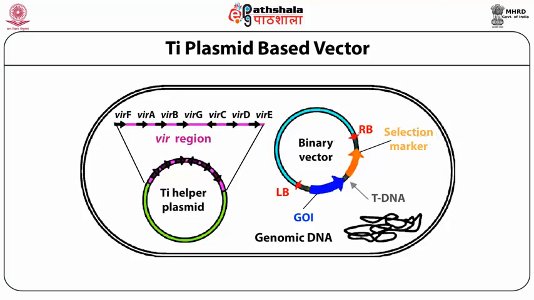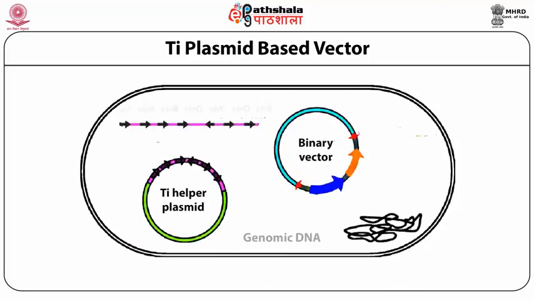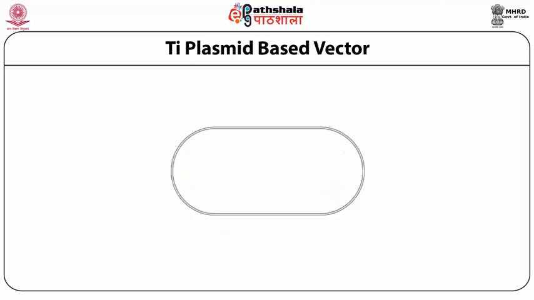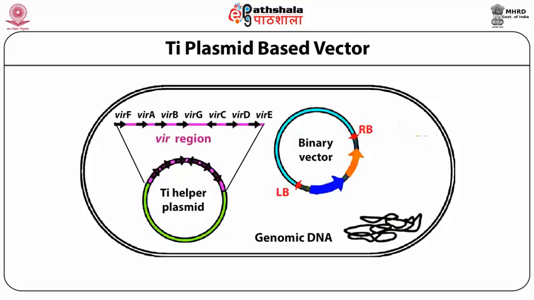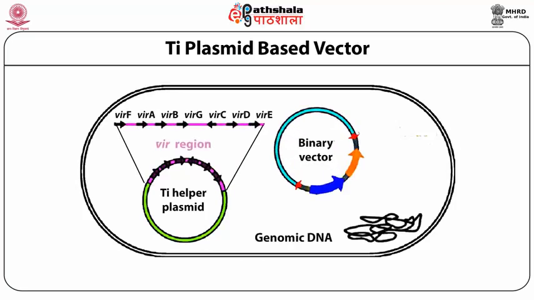You see, this helper plasmid has no tDNA. It has all Vir genes, and some Vir products are also coded by the chromosome of the bacteria. Whereas there's a binary vector which is developed in vitro, it contains right and left borders, a selection marker for plant selection, and our gene of interest, which can be cloned into the multi-cloning site. This forms a tDNA.